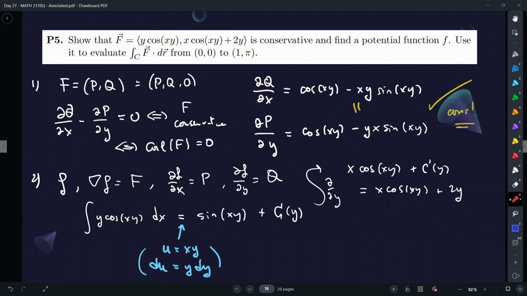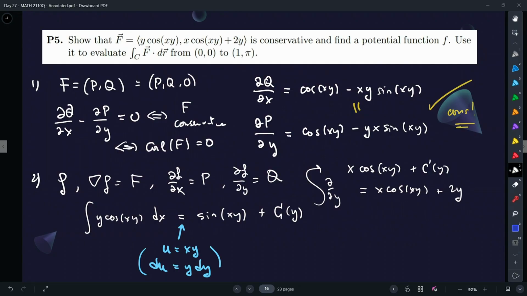So if you can spot it and say, I think the potential is this, and I'm going to check that it works, then you're all set. You are doing integrals in your head, right? To find out what it is, you're sort of reversing derivatives in your head. So you are doing what I'm doing by hand, which in some cases, if you're stuck and you don't see what could be the potential function, this is what you would do.